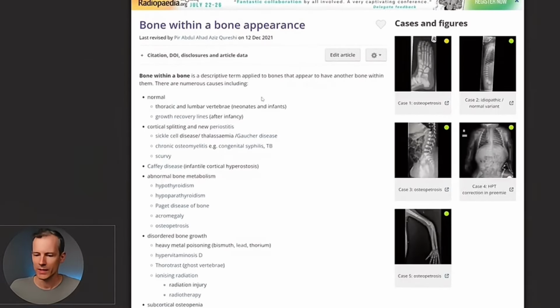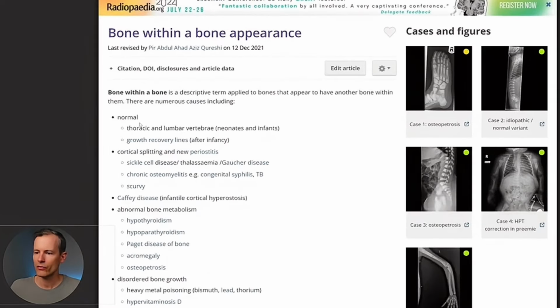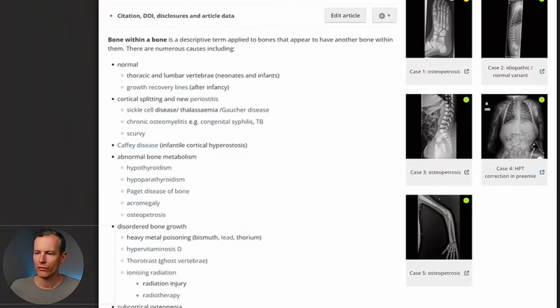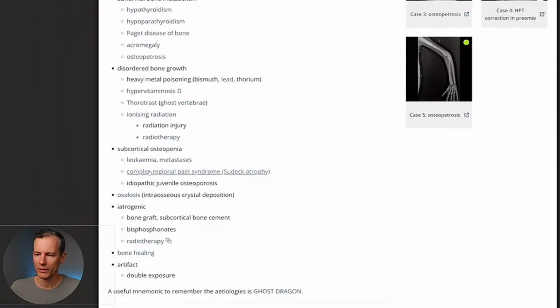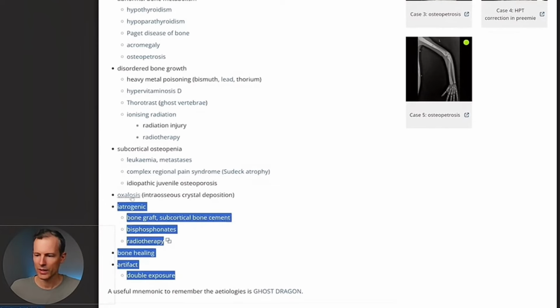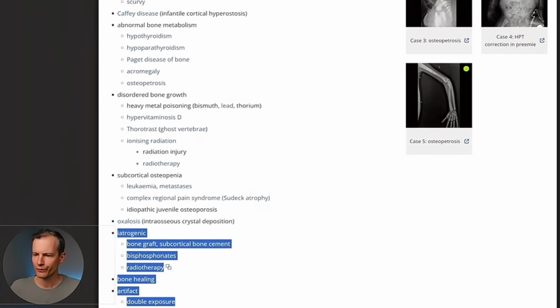While investigating the case, it didn't really fit for me, because nothing was really matching. There's a lot of things, so we don't have to go through all of that. I think subcortical osteopenia, oxalosis, iatrogenic, this is probably not the case. Bone healing artifact, I don't think we have this. This obviously we would have to investigate, but this was not the right answer.